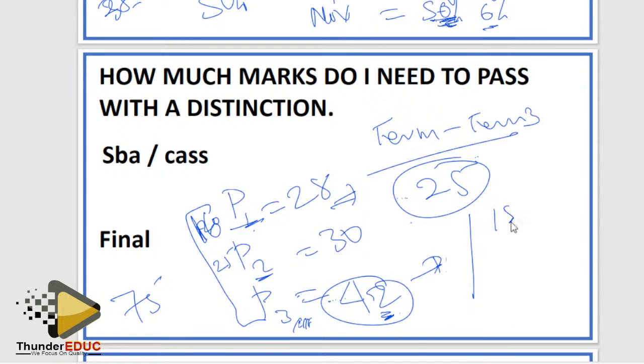Paper 1 you got 18, paper 2 you got out of 20, for example, based on the weighting I'm talking about. Right? Paper 1 I got 18, paper 2 I got maybe 30, and then paper 3 I've got maybe 40.